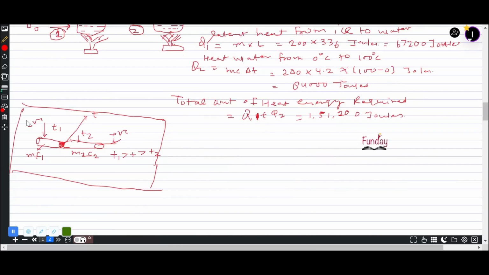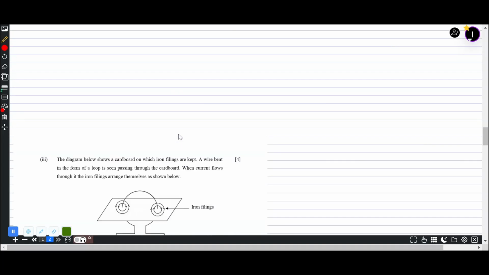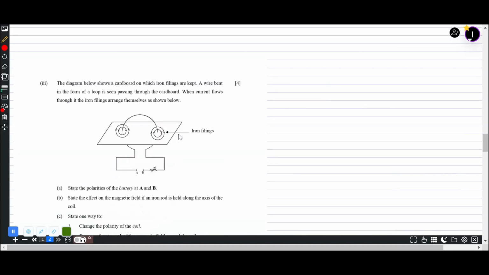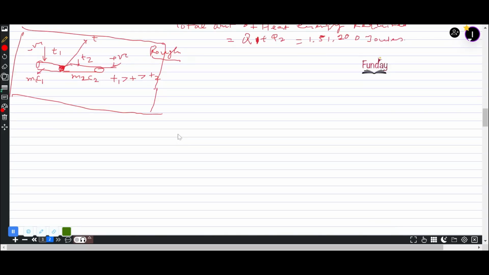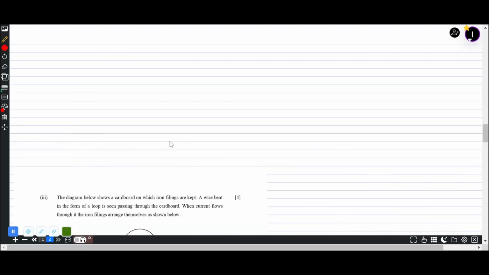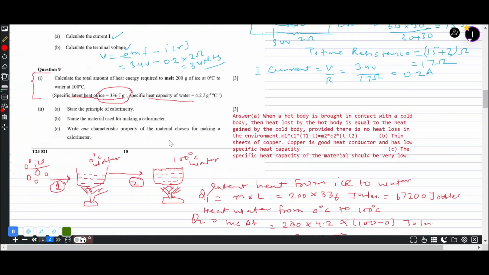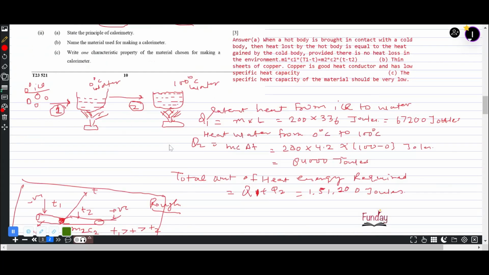This was the explanation, and the rough work you may forget. Just to explain this. Now we have one more question here in the third part. Beautiful question. Question number 9, part 3. And a lot of free space here, we'll use it.